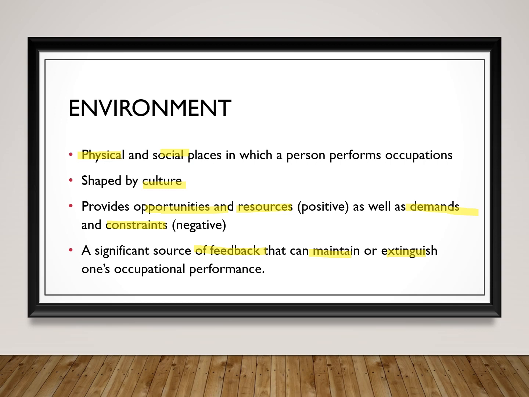Maybe you were able to get your spare tire on quickly and get to school. If you were, that would have been a resource that was positive that helped you maintain your occupational performance of student. Okay, so there we have it. We have fixed our problem.